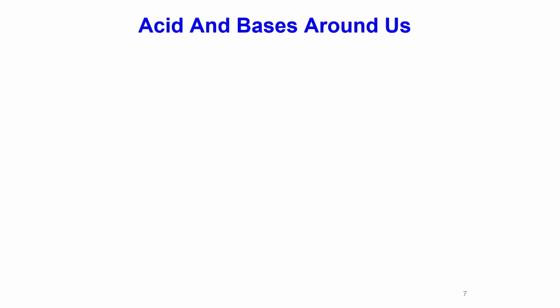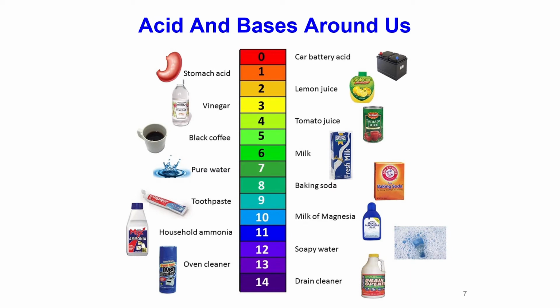Acids and bases around us. These are examples of acids and bases around us. As you can see, the lowest value of pH is 0, which is the pH of car batteries. Our stomach acid is pH 1, lemon juice is pH 2, vinegar pH 3, tomato juice pH 4.